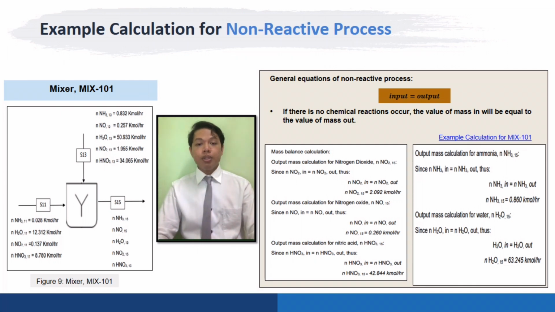The input streams come from stream number 11 and stream number 13, and the output stream is stream 15. The box shows some of the calculations for the non-reactive process that occurs at the mixer MIX 101.